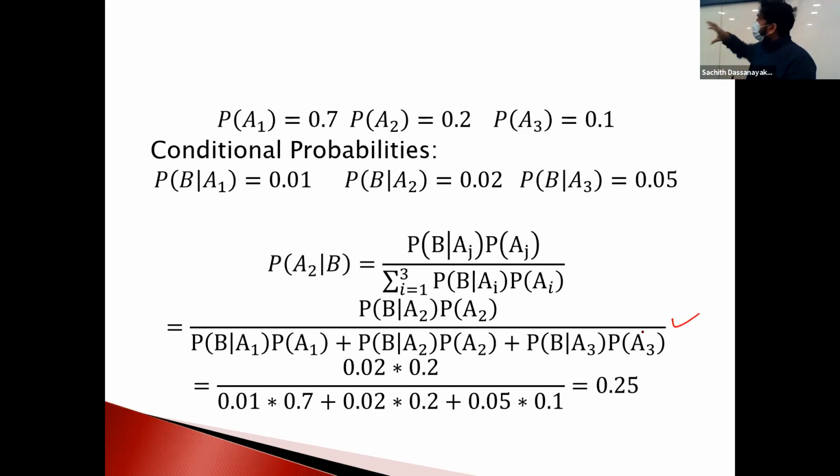The numerator doesn't change, but the denominator goes from 1 to 3: the first part A1, the middle part A2, the last part A3. So plug in the values and get the answer. Any questions? It feels like you're confused. Any questions? Okay. Clear?